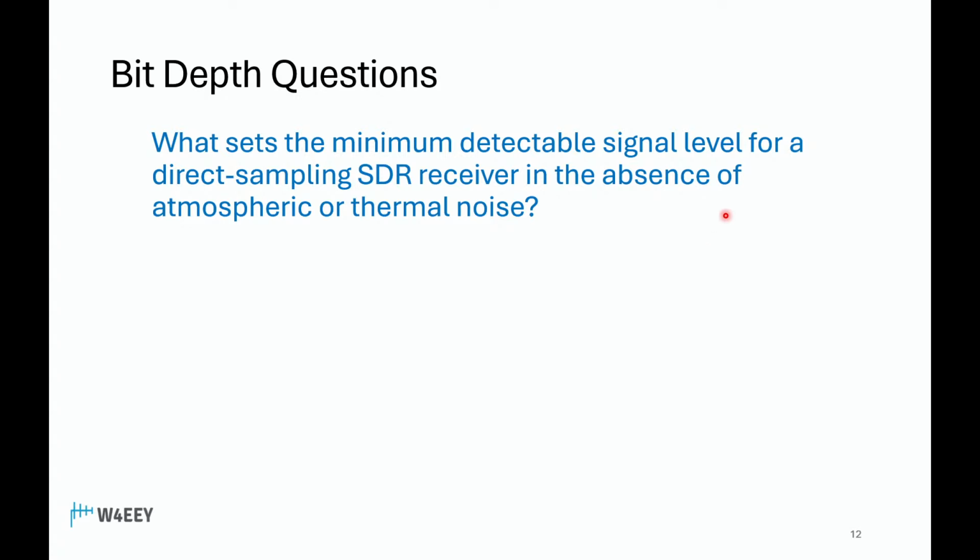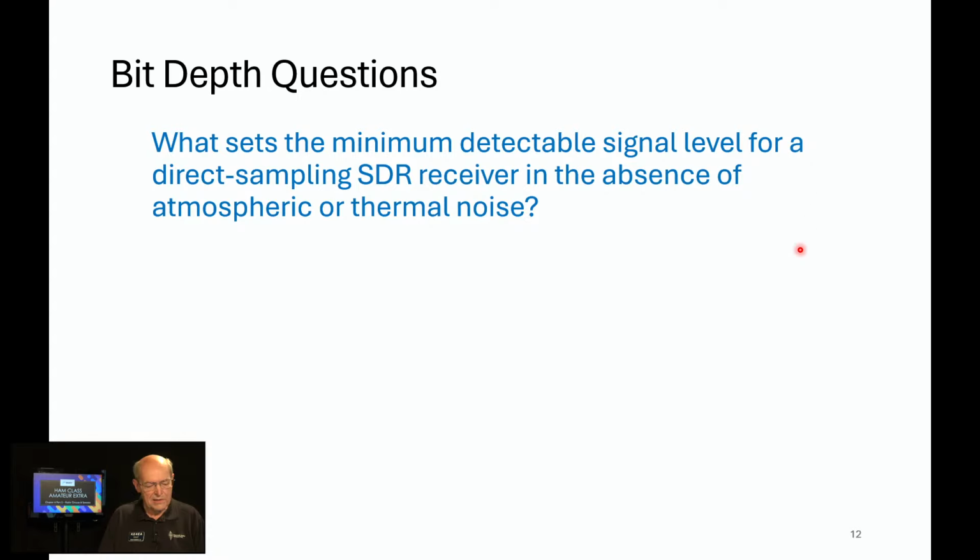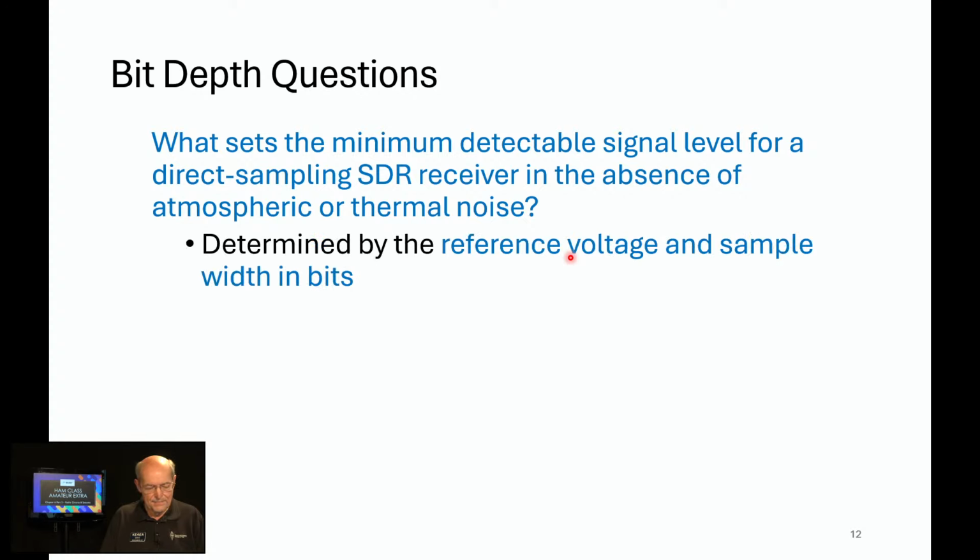So with that, I'm hoping that this will start to make a little sense. What sets the minimum detectable signal level for a direct sampling SDR in the absence of atmospheric and thermal noise? Now, the reason they put atmospheric and thermal noise in here is because that can be well above the sensitivity threshold of the receiver. So hopefully this now connects.